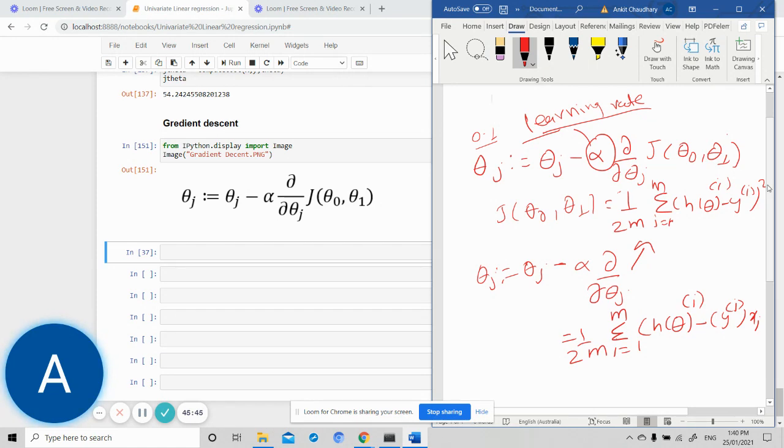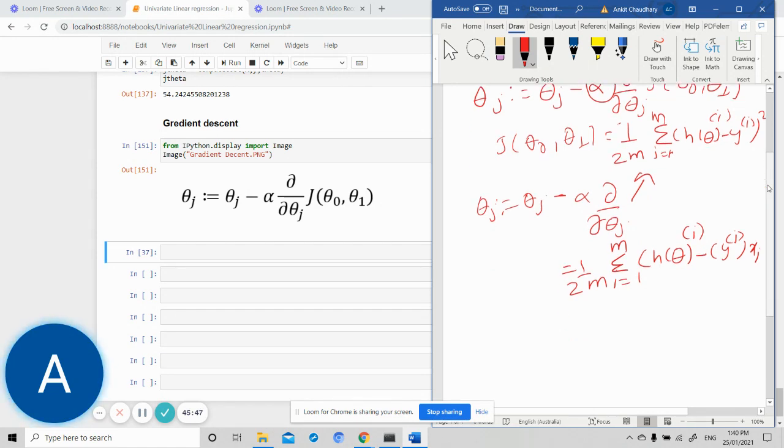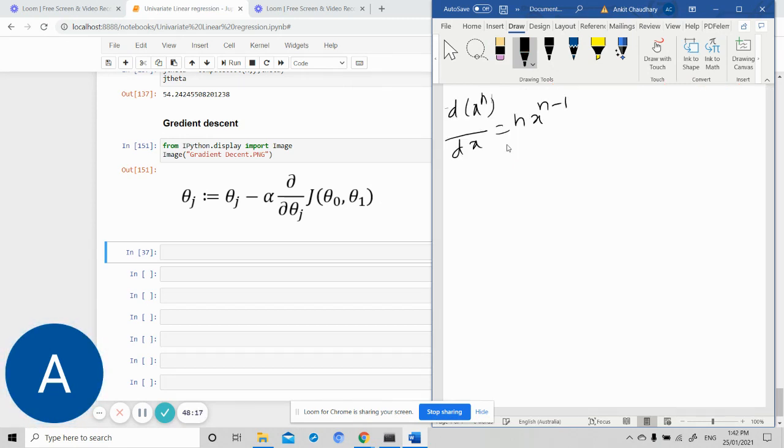So how did we get this? We simply did our derivation based on theta 1. So we know that d of x to the power n by d of x is equal to n x to the power n minus 1.